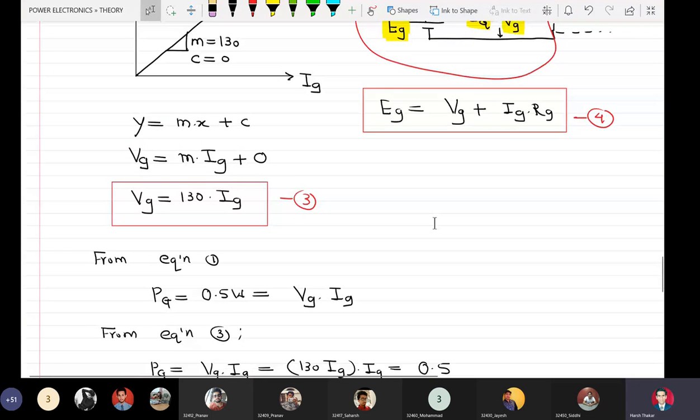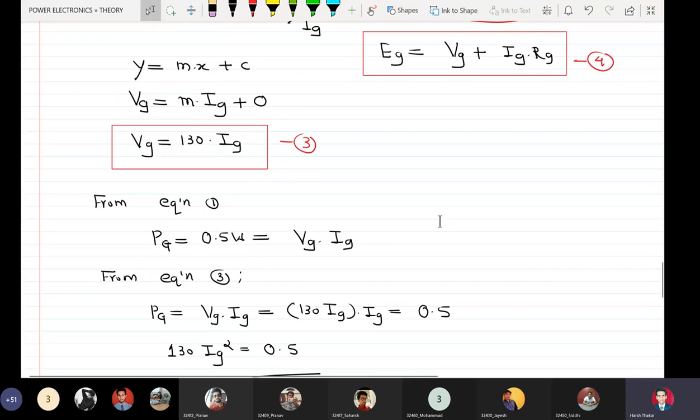Now I can substitute the value of Ig equal to 62 milliamperes in equation number 3.